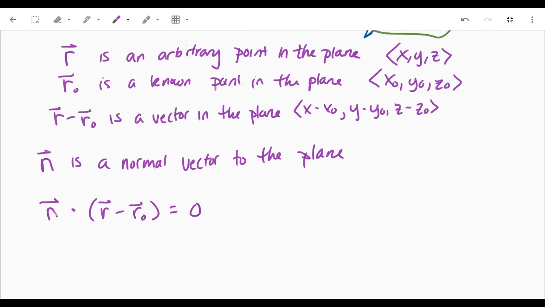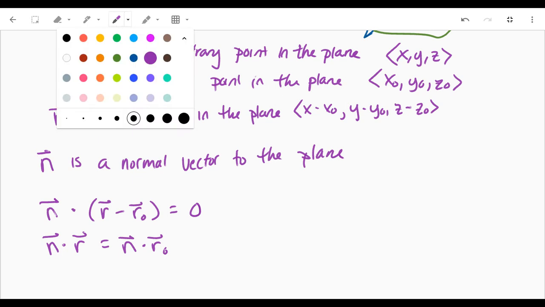Another way to do that is with your properties of dot products of vectors.